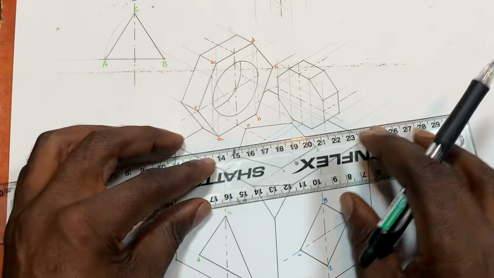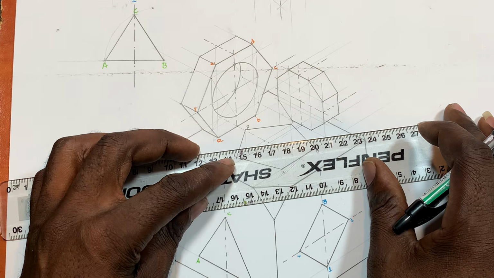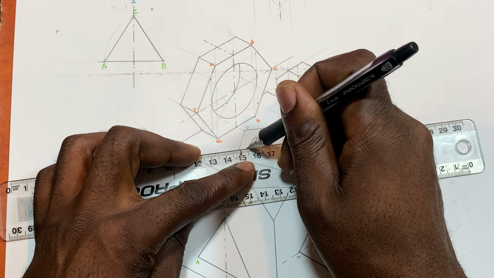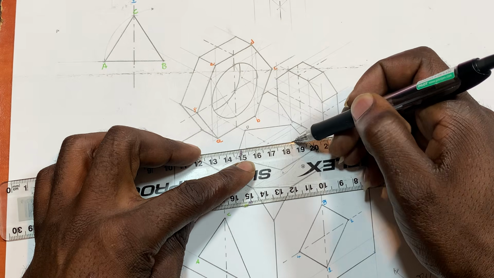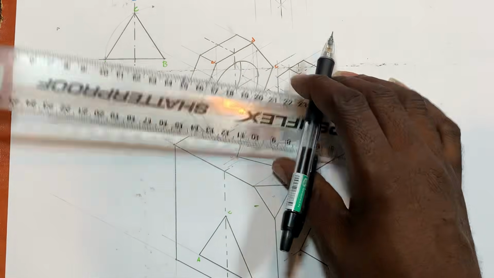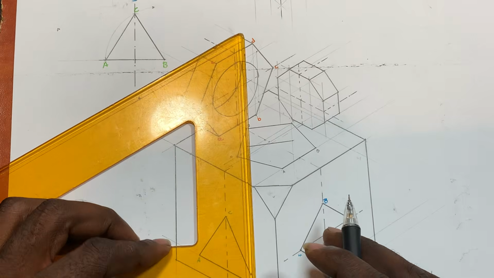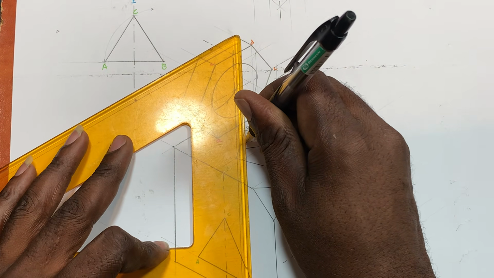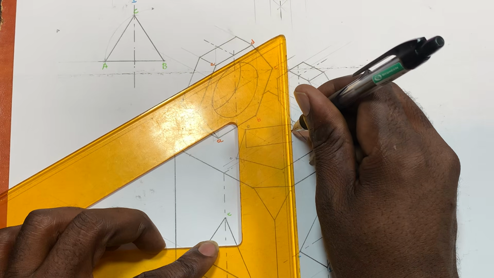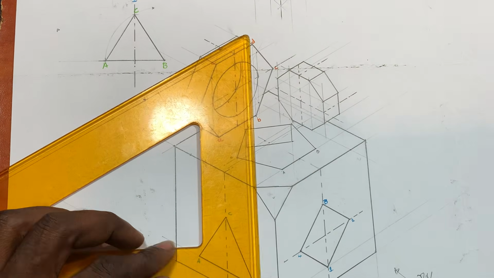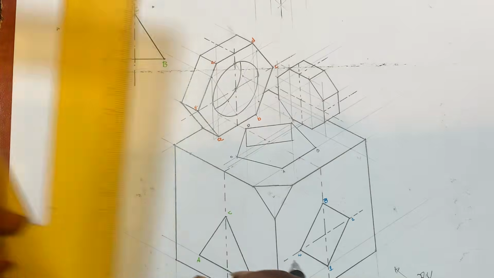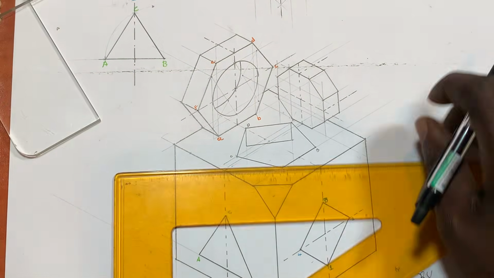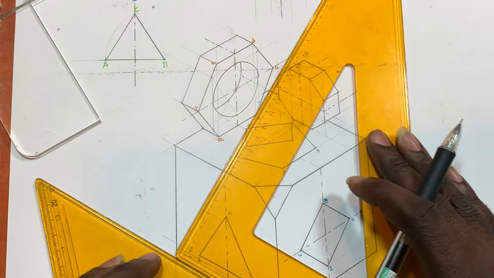So now I can just join them like this and have this one dark, then from here to right there to right there. You understand? So now this one should be just a little bit like this.